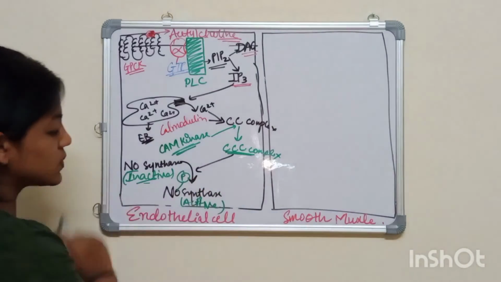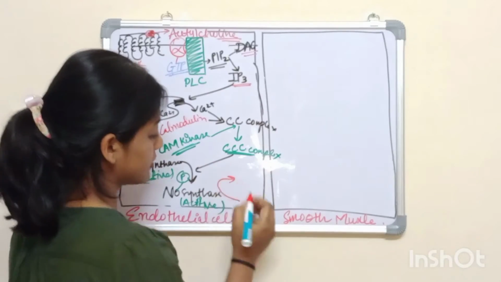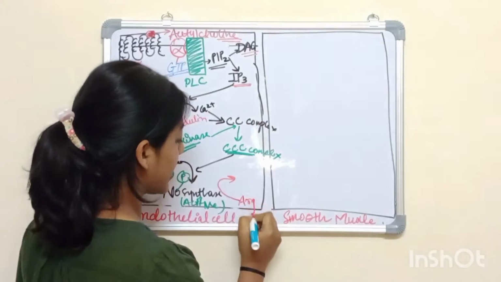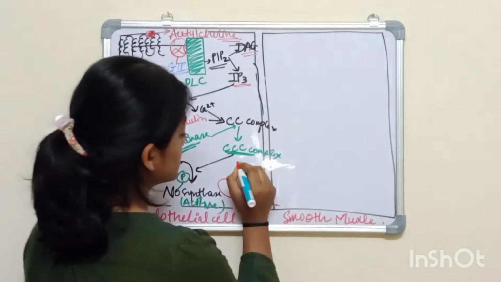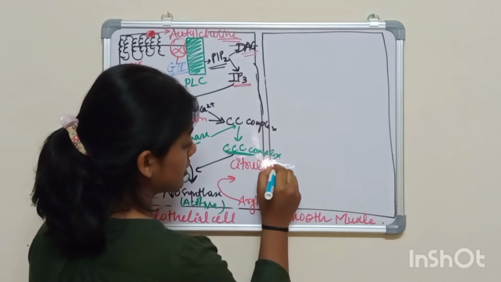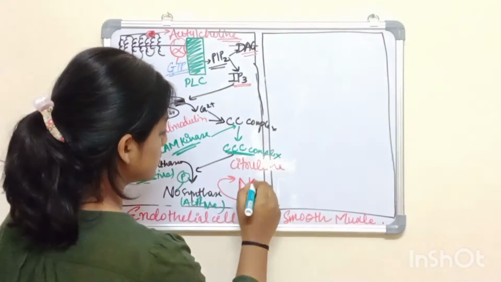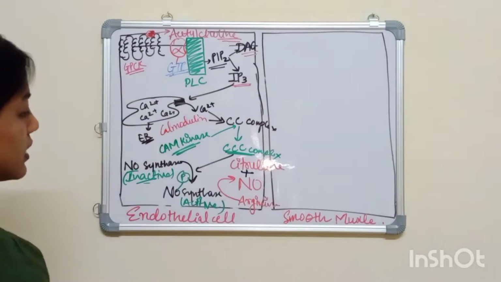Now NO synthase will convert the amino acid arginine into citrulline plus NO.